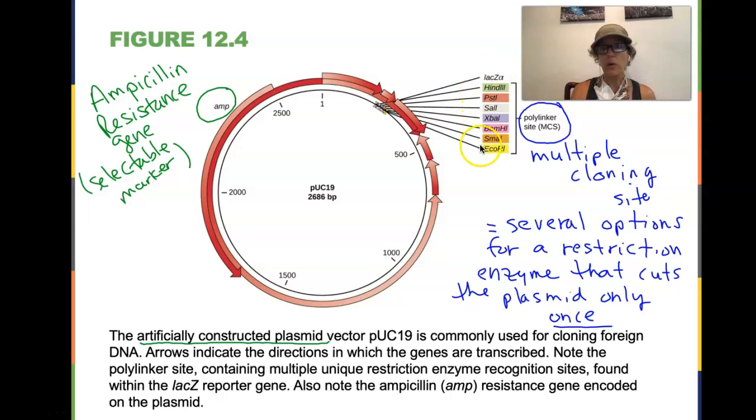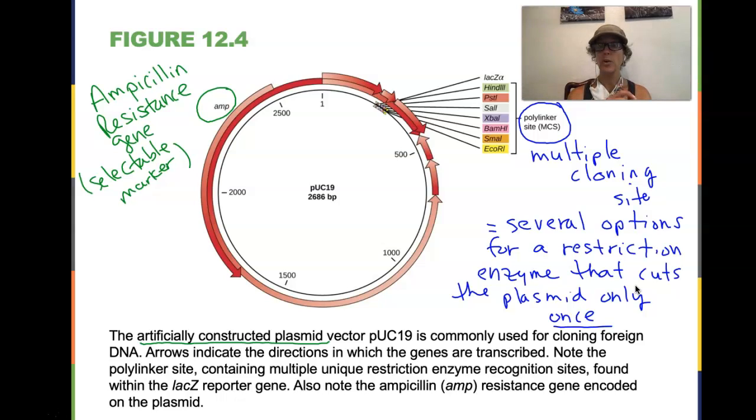So this plasmid has several features. This little rainbow extension out here is called the polylinker site. It's also called the multiple cloning site. And that is because it provides us with several options for a restriction enzyme, a restriction endonuclease, that will cut this plasmid only once.